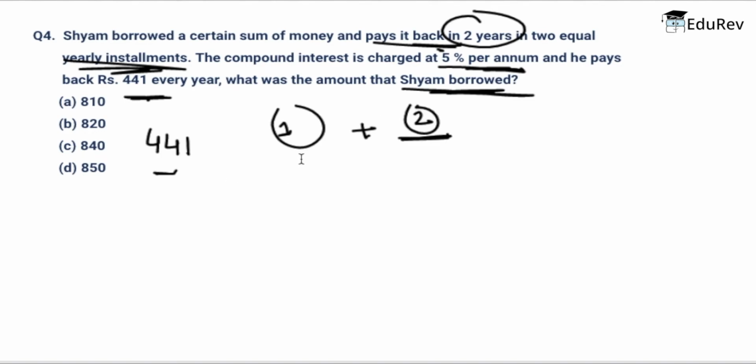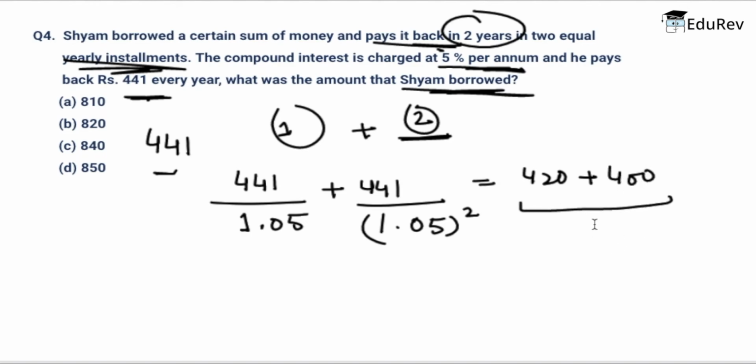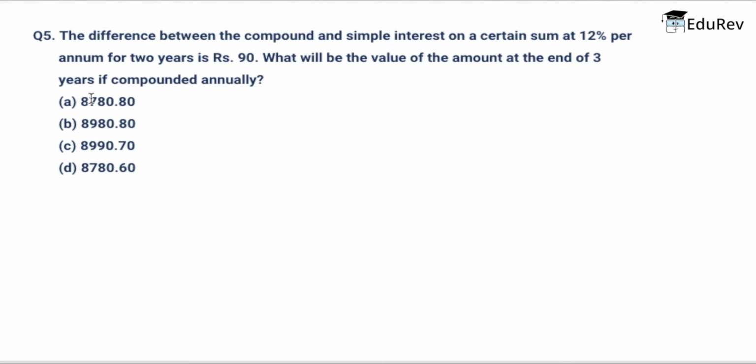So the total amount that Shyam borrowed is going to be 441 upon 1.05 plus 441 upon 1.05 whole square, that is equal to 420 plus 400, and this total has to be 820. So the total amount that Shyam borrowed was rupees 820. So the correct option is going to be option number B.